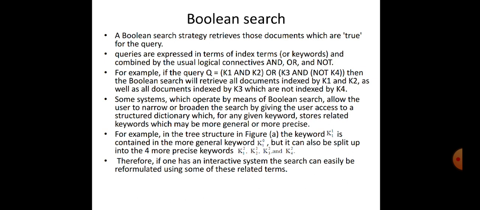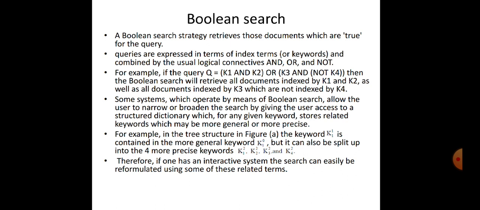Some systems which operate by means of Boolean search allow the user to narrow or broaden the search by giving the user access to a structured dictionary which, for any given keyword, stores related keywords which may be more general or more precise.